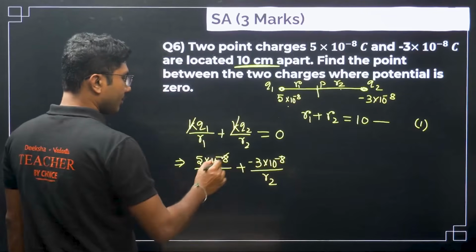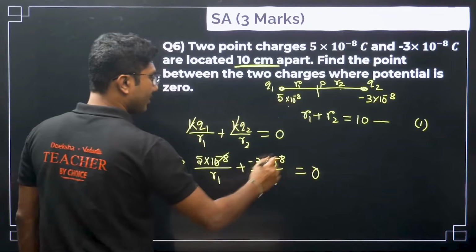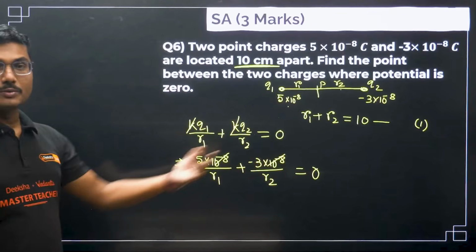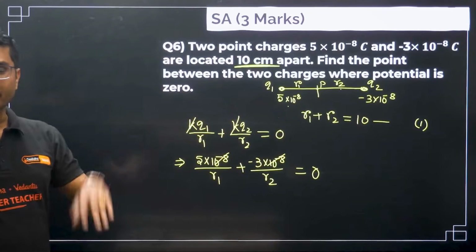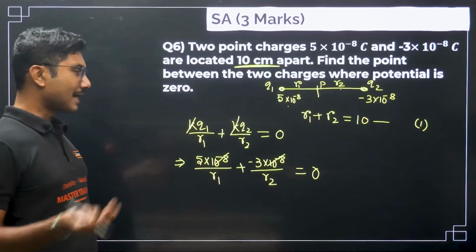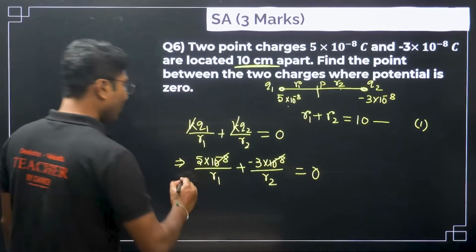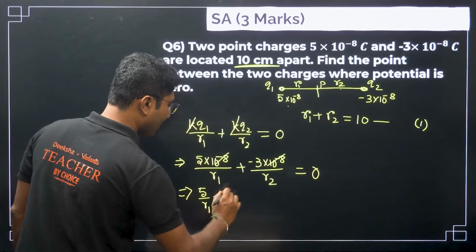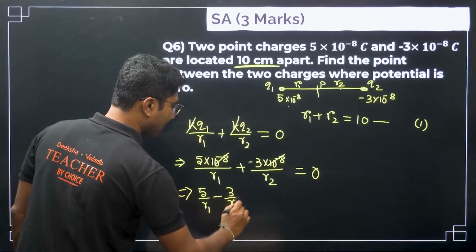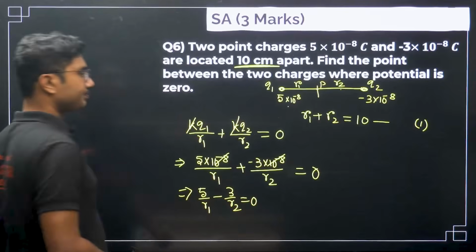Equals to 0. Okay, so 10 to the power of minus 8 will be common and it will be cancelled, right? It will go to the other side. 0 divided by any number is 0 as long as the number is not 0. So we get 5 by R1 minus 3 by R2 equals to 0.